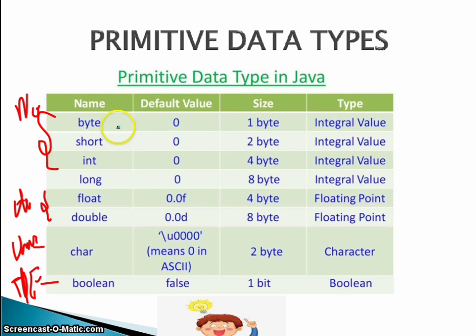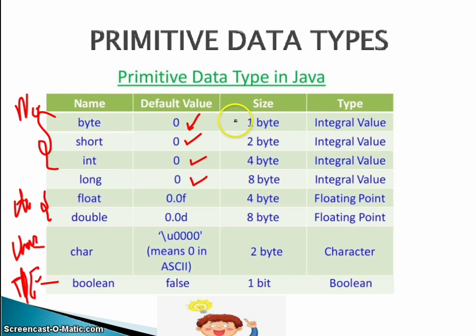If you write byte x, by default the value of the variable x would be 0. If I write short x, the value would be 0. Int x 0, long x 0. So the default values of byte, short, int and long is 0, but the size is different.